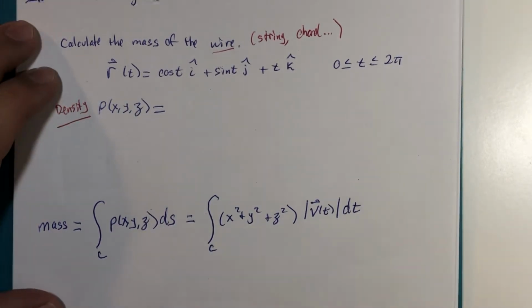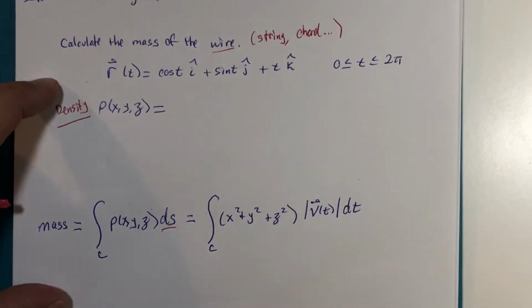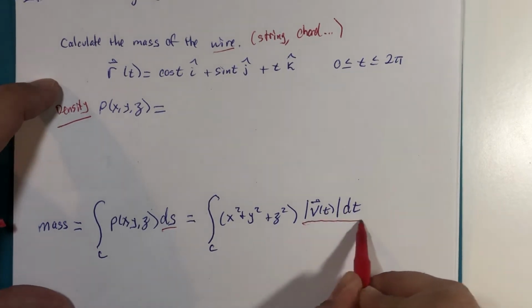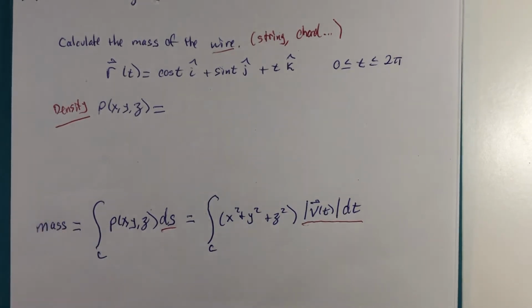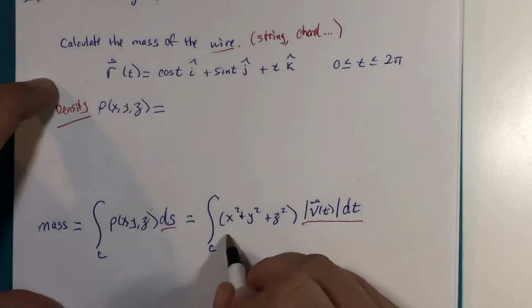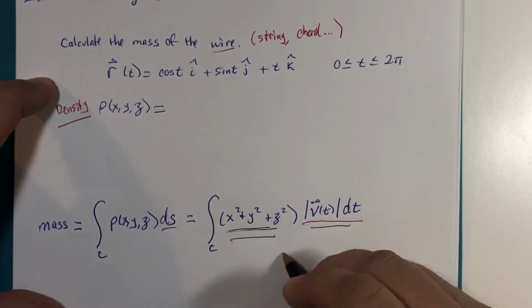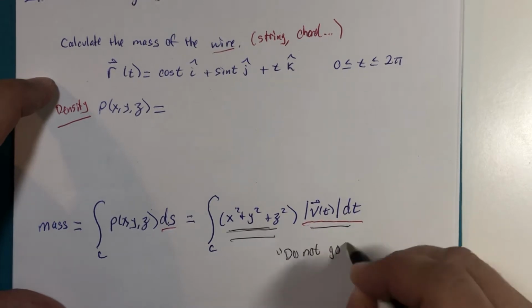All right, so the actual formula: the density function, the calculation ds, the arc length parameter, is equal to the magnitude of the velocity with respect to t. You should just know right now that the way I've built this, these pieces here do not go together.